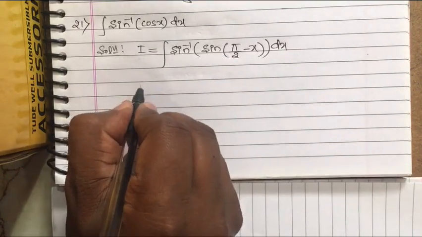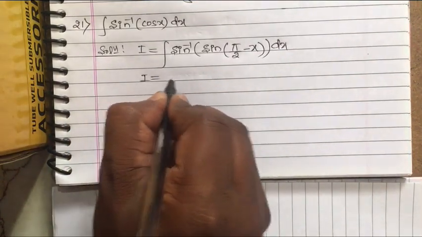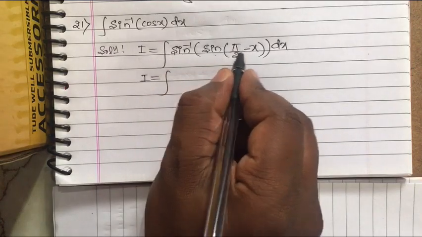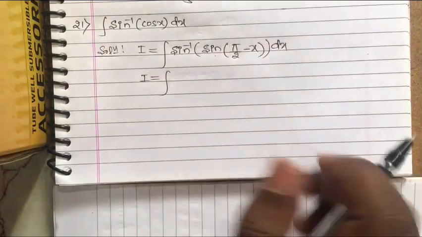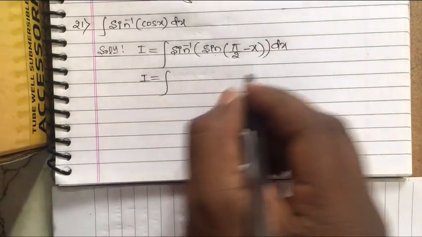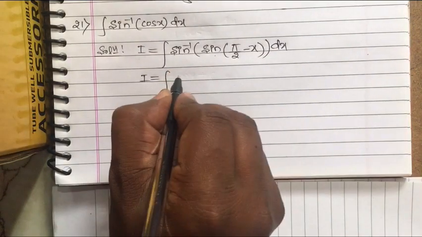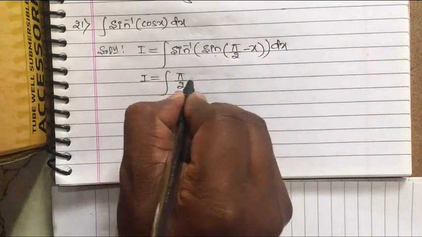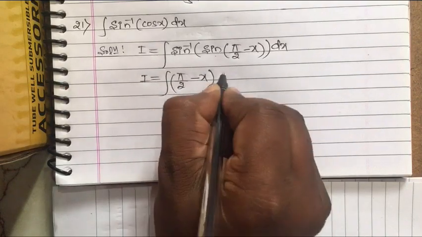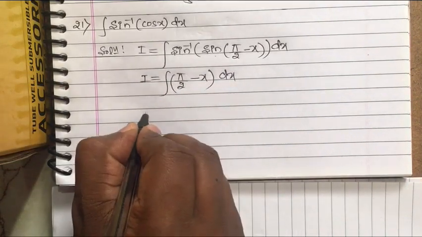So now it is in the form of sin inverse sin x. Here x is going to be pi by 2 minus x. So now it becomes pi by 2 minus x dx.